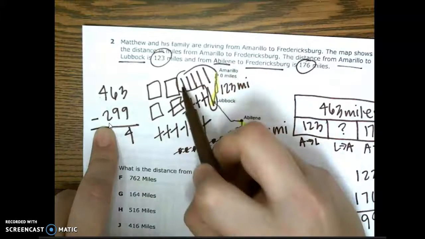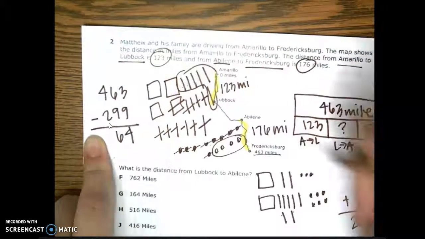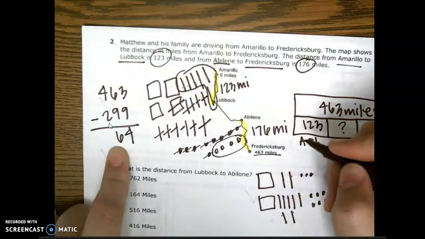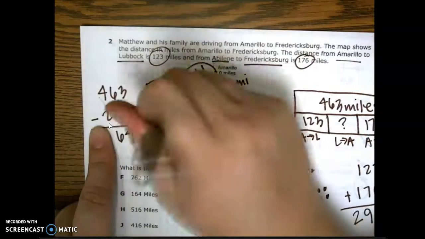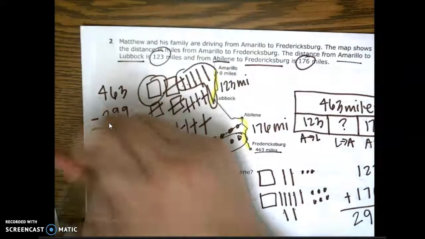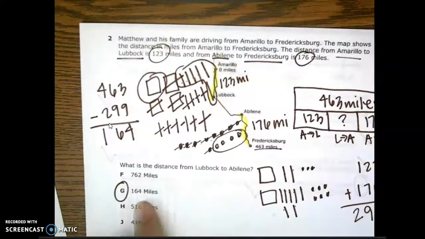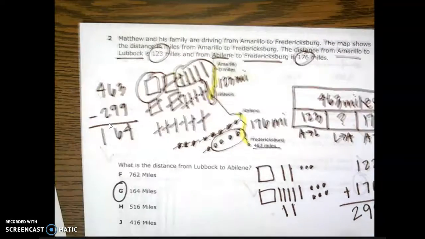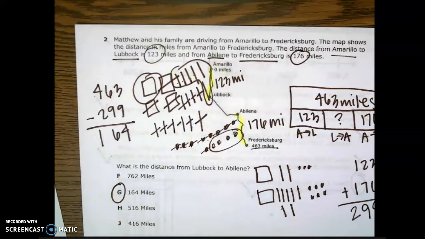And I have 6 tens left, which is equal to 60. And then I need to take away 2 hundreds. And I have 100 left. So 164 miles is the distance from Lubbock to Abilene. If you did not get that, you need to go make corrections on this, okay?